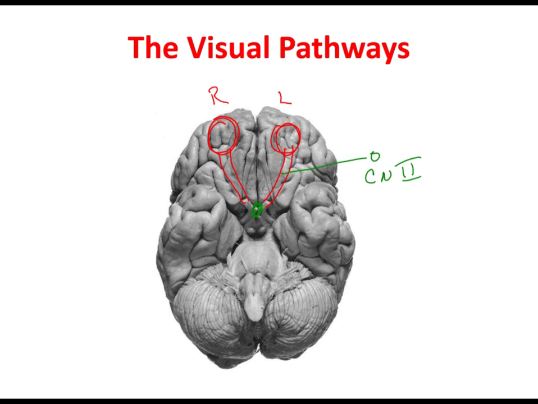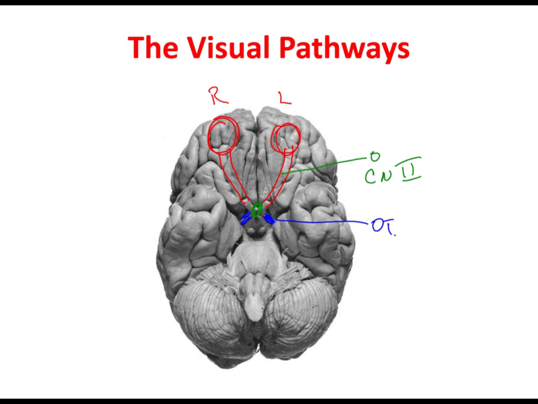And then beyond the optic chiasm, which I'll draw here in blue, on both of these pathways is the optic tract. So the optic nerves from the left and right eye join to form the optic chiasm, and then we have the optic tract with the information that travels towards the central nervous system at this point.